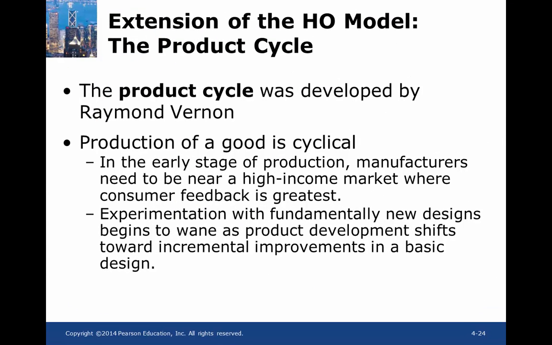Extension of the HO model, the product cycle. The product cycle was developed by Raymond Vernon. Production of a good is cyclical. In the early stage of production, manufacturers need to be near a high income market where consumers' feedback is greatest.